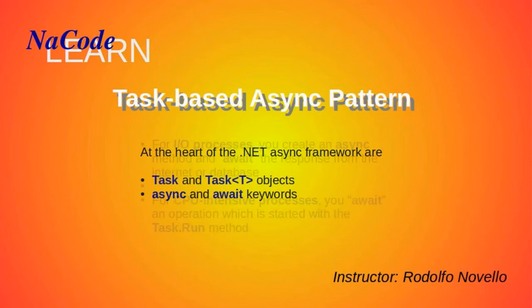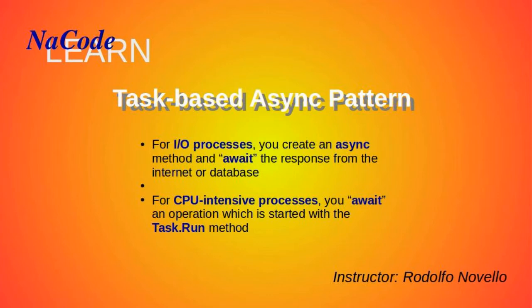As a general rule, for I/O bound processes, you await an operation which will return a Task or Task of type T inside of an asynchronous method. For CPU bound processes, you await an operation which is started on a background thread with the Task.Run method. We will focus on the await keyword, which effectively yields control to the caller of the method that performed the await.